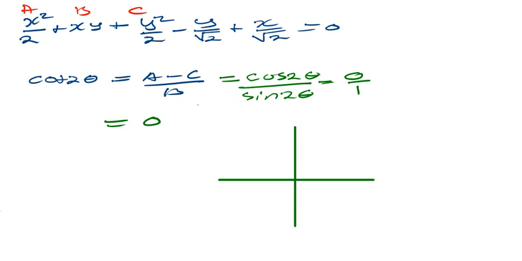This one is our y, and this is our x. So it so happens we are in a certain axis where cos was 0 and sine was 1.